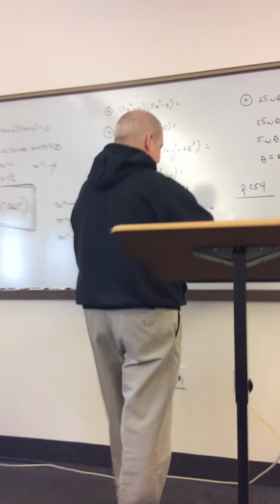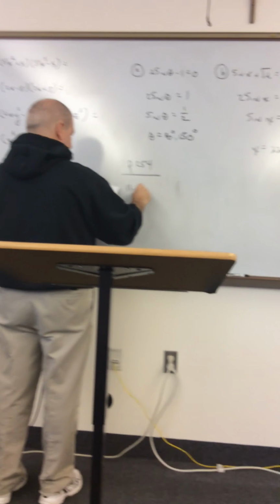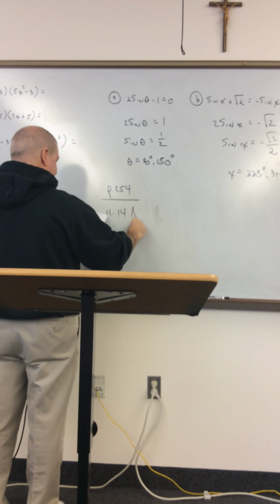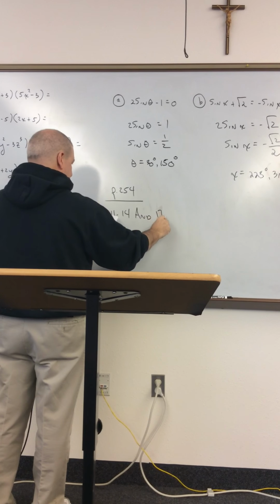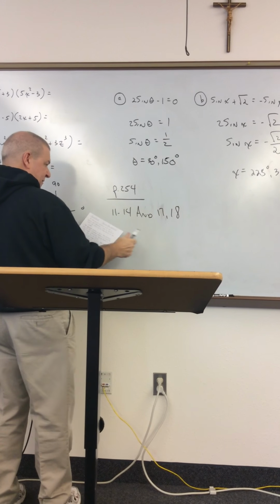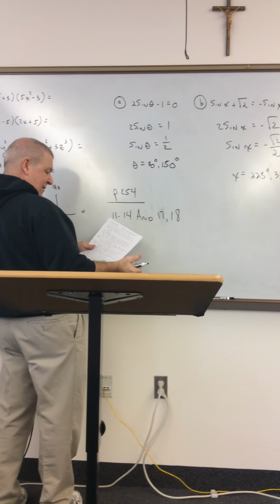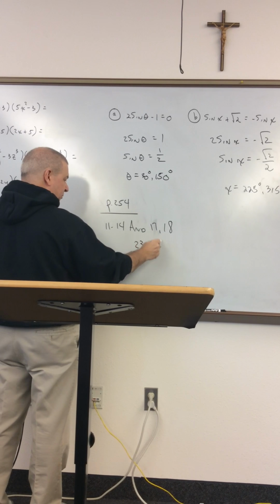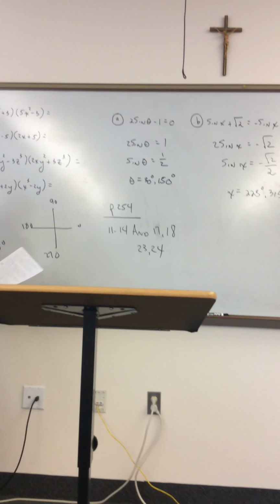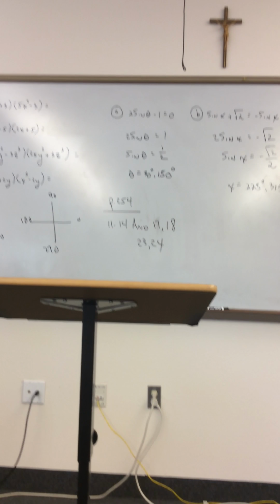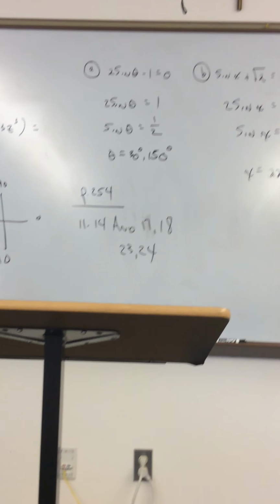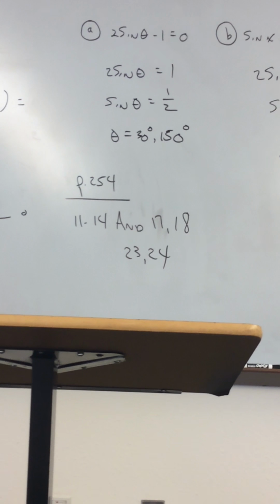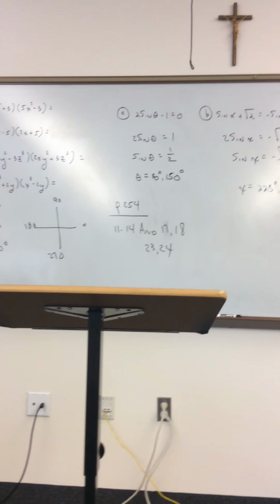See at the bottom of the handout where it says 11 to 14, 17 and 18? Add 23 and 24 to this. Write it right at the bottom of the handout: page 254, do problems 11 to 14, 17 and 18, add 23 and 24 to that also. Now go to your textbook.